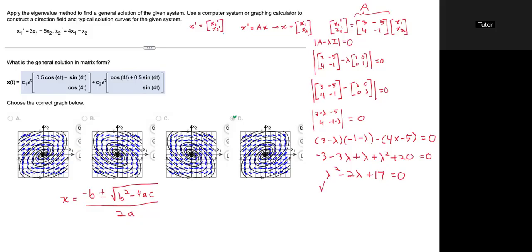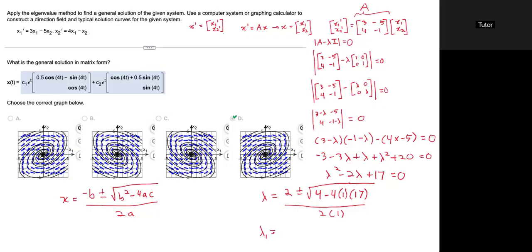So this is our a coefficient, this is our b coefficient, and this is our c value. In this case, lambda, equal to x, is equal to 2, plus or minus the square root of (-2) squared, which is 4, minus 4 times 1 times 17, over 2 times 1.